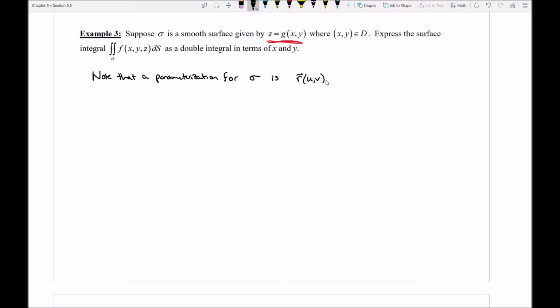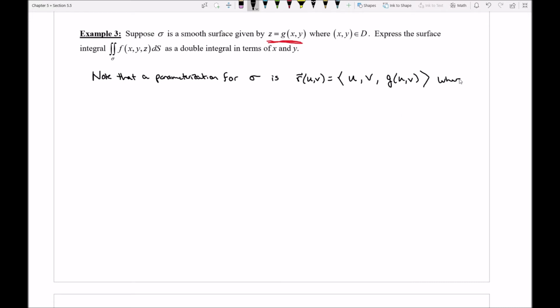If I wanted to create a parameterization, I can, but we'll see why we're going to attempt to skip this step in the future. But here's a way I could easily create a parameterization. Notice that if I let x just be the value of u, and I let y be the value of v, then it's super easy to find the value of z. I would just plug in the value of u, plug in the value of v, and this formula of g should compute the value of z. So this works out really, really well.